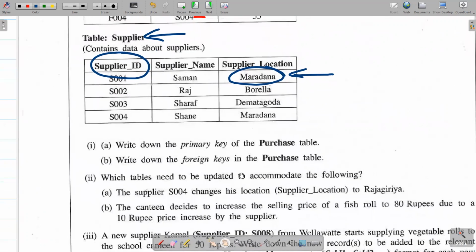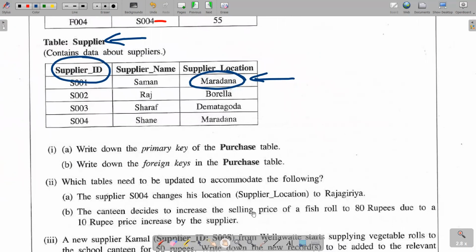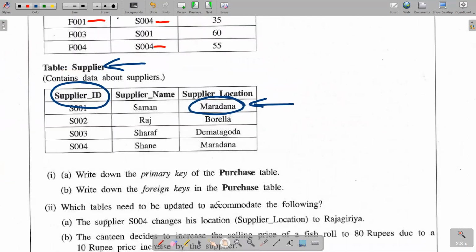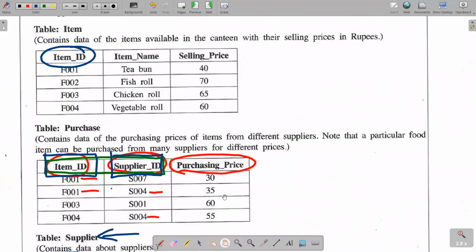So the part B: the canteen decides to increase the selling price of a fish roll to 80 rupees due to a 10 rupee price increment by the supplier. Right? So if the price of a fish roll is increasing, what will happen? The item table needs to be updated because the selling price is over here.